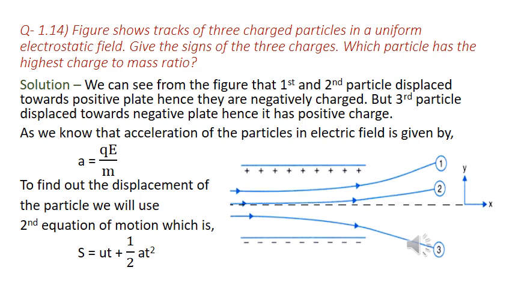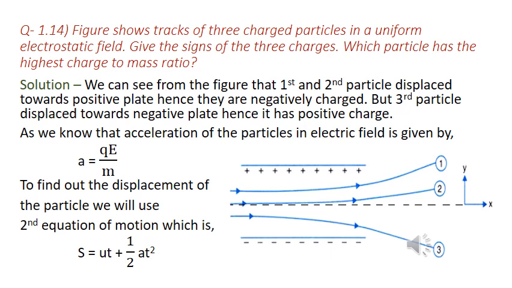To find the solution of the second part, we consider the acceleration of the particle as a, given by a = qE/m, where qE is the force of the electric field on the charged particle. As we can see in the figure, the three charges have been displaced along the y-axis. Let the displacement be s.